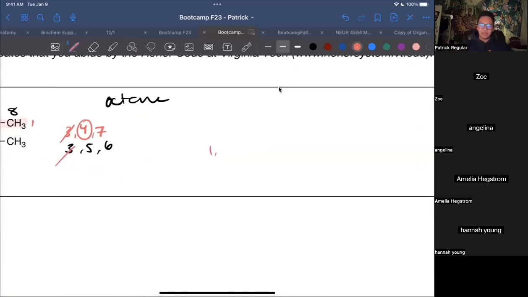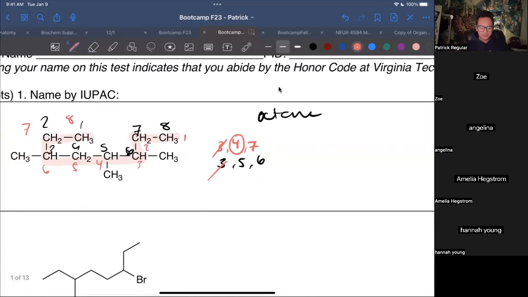If we had 1, 1, 12. But if we had 1, 12, nah, that wouldn't work. I'm trying to think of a good example for you guys. That's too much work. Let's just keep going with it. You guys will see it as we go along.